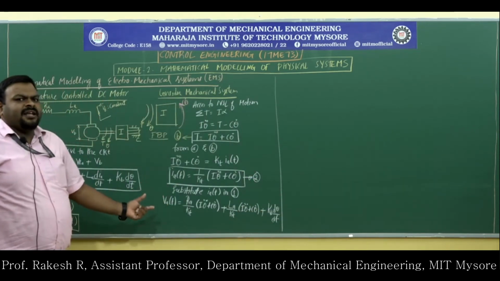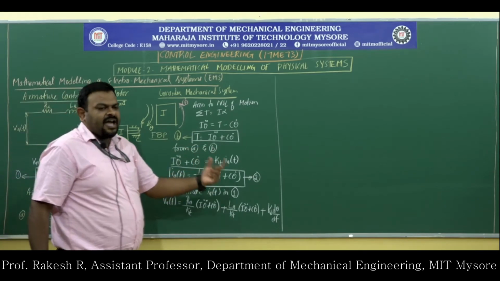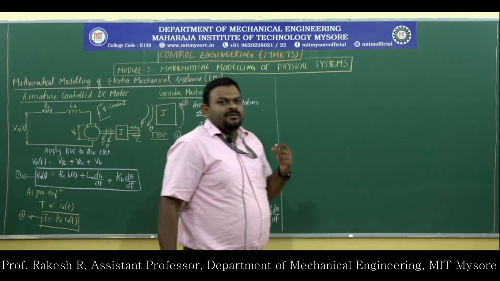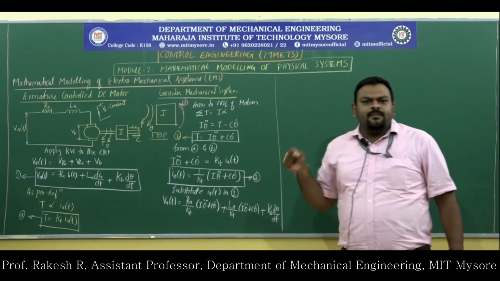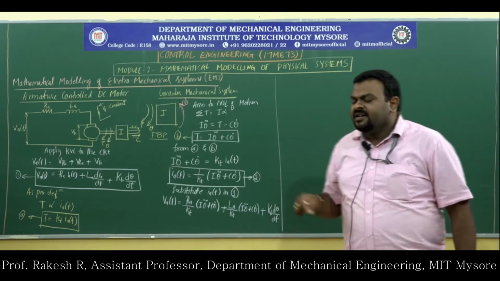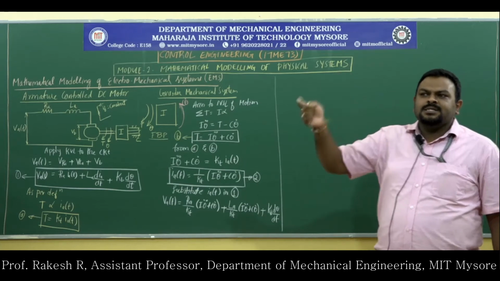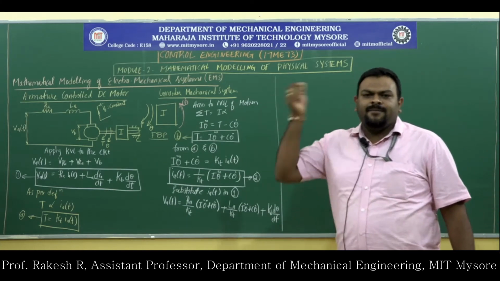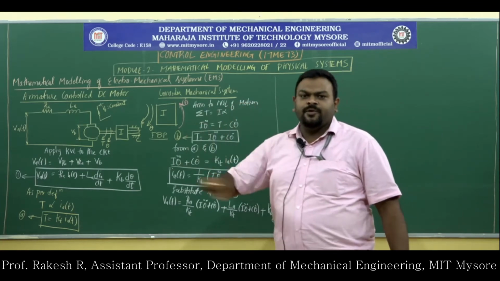After obtaining this, the voltage equation is in terms of angular rotation. The concept is we need to evolve a mathematical model. The mathematical model is nothing but a transfer function. The transfer function is the ratio of Laplace transformation of output variable to Laplace transformation of input variable under the initial condition 0.